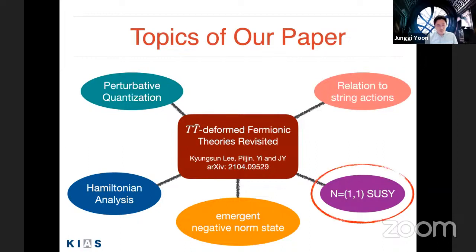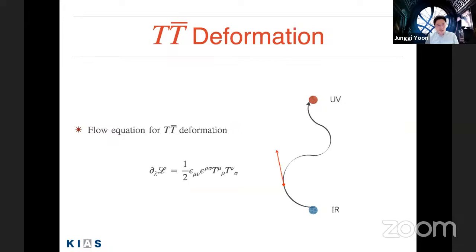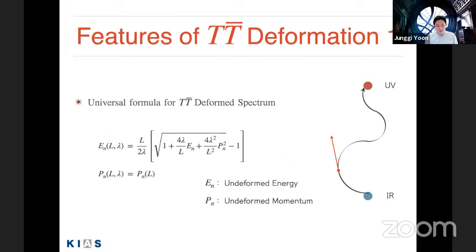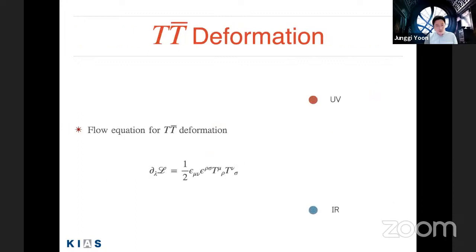Today, we will focus on the TT-bar deformation of the free N=(1,1) supersymmetric model. The TT-bar deformation is an irrelevant deformation of a two-dimensional quantum field theory by the determinant of the energy momentum tensor. Unlike a general irrelevant deformation, the TT-bar deformation follows a very special flow from the IR to the UV, and this gives us two important properties.